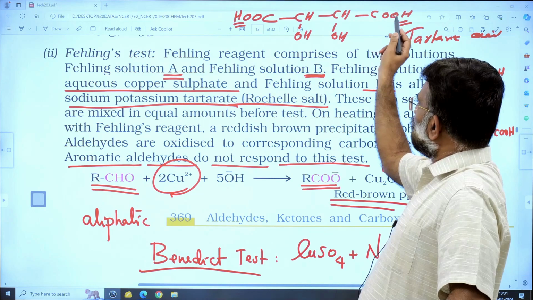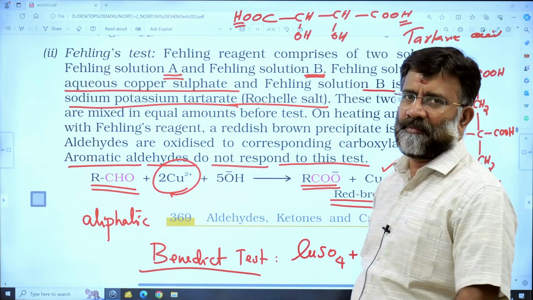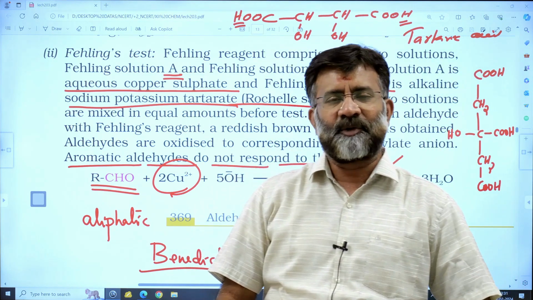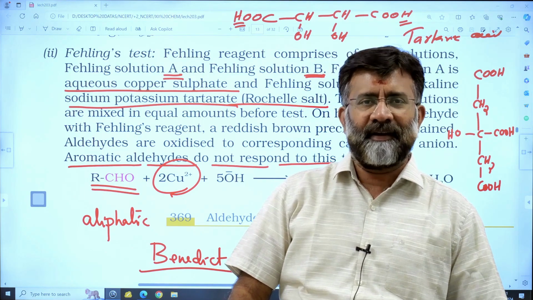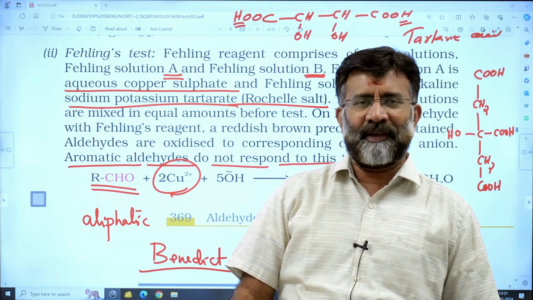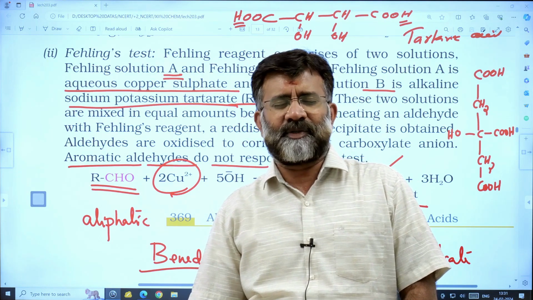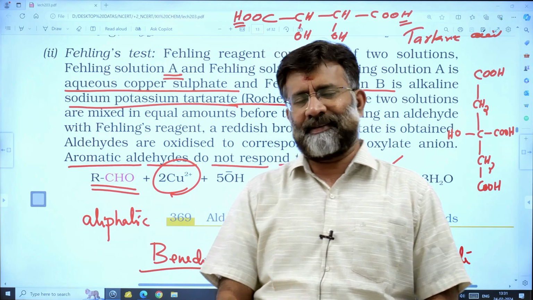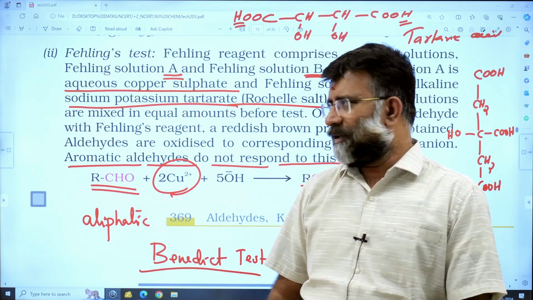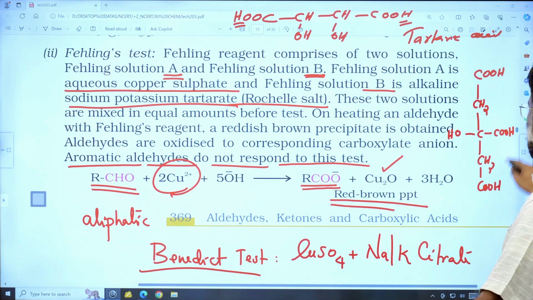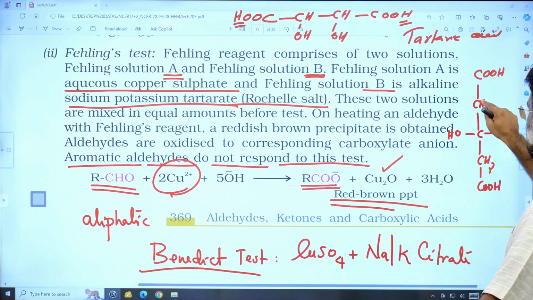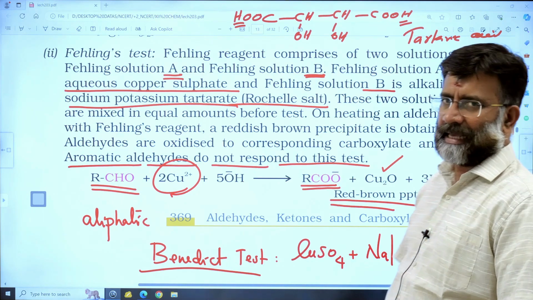It is 2,3-dihydroxybutanedioic acid, simply a dioic acid because the COOH groups are terminal. While here there are three COOH groups, so the principal chain is taken as 1, 2, 3: 2-hydroxypropane-1,2,3-tricarboxylic acid, citric acid.